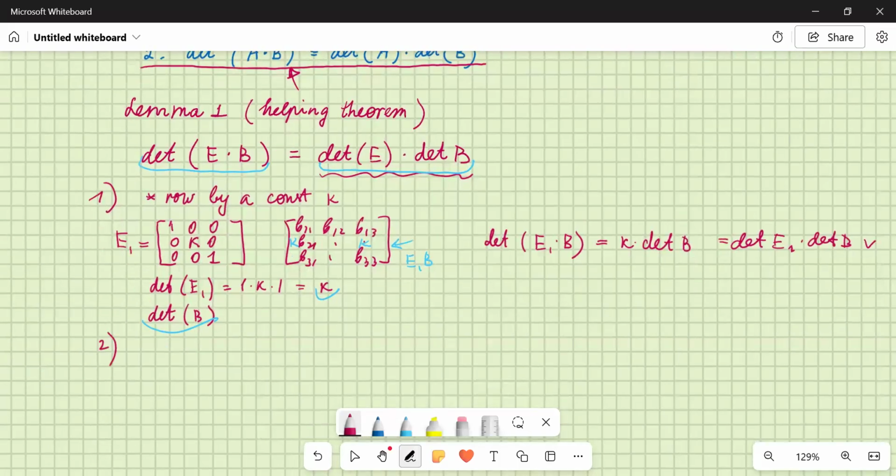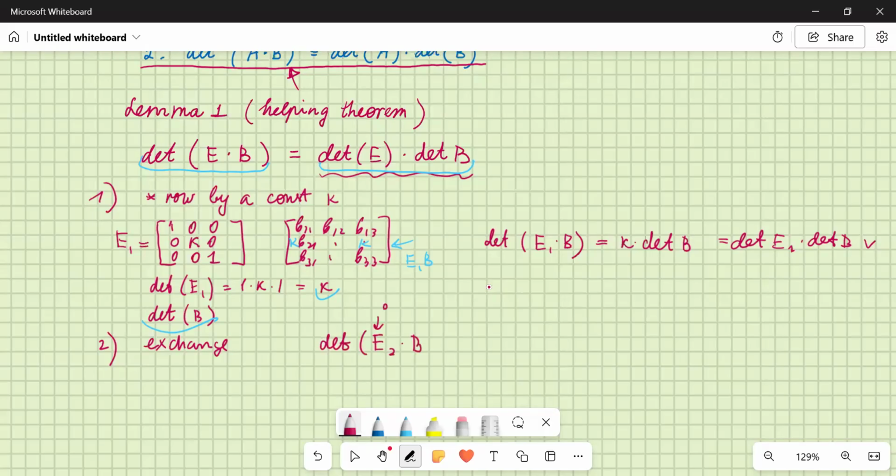Case number 2, exchange. Well, here, guys, I don't want to write down the exchange. Remember that exchange means that you move, for example, exchange row number 1 and row number 2, or row number 1 and row number 3, or whatever. Well, I'm just going to apply it to this statement. I'm going to write down the determinant of E2B.